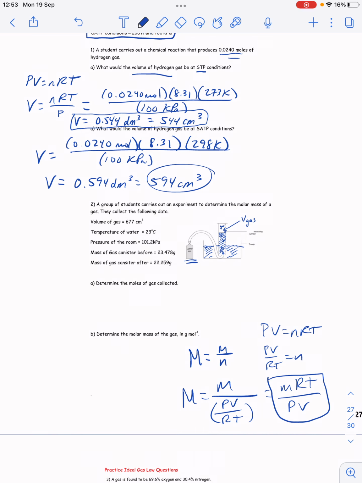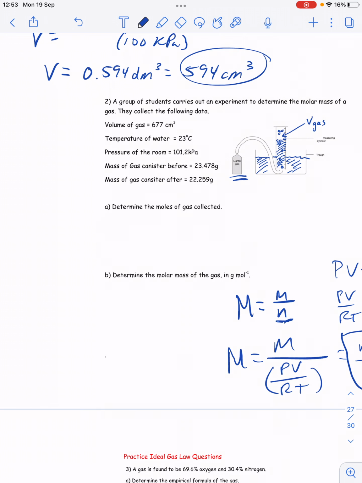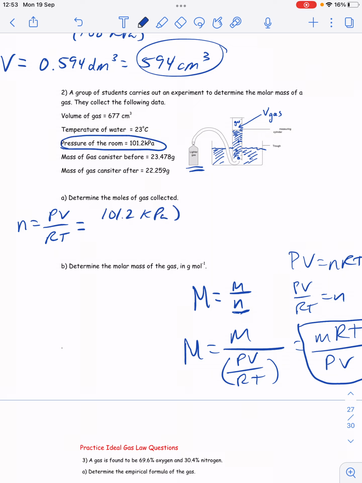So first you're going to find moles, which is what's on the bottom here of the equation, and then we'll do the mass divided by the moles. So for a gas, we'll get the moles like we just solved for. n is PV over RT. Okay, so the pressure I have here, that's 101.2. I always want to use kPa.